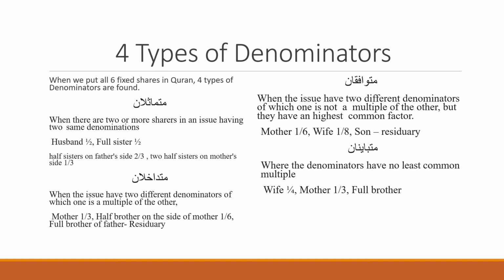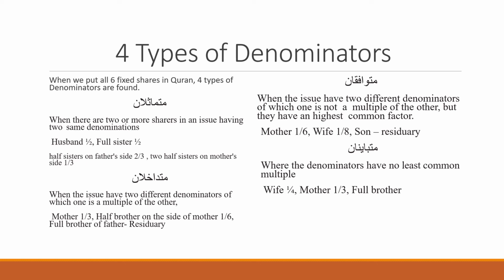When there are 2 or more shares in an issue having the same denominator, that is mutamathilani. For example, a woman passed away leaving a husband and a full sister. Husband gets 1 by 2, full sister gets 1 by 2. What is the denominator?